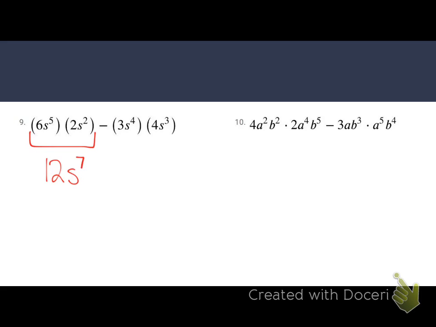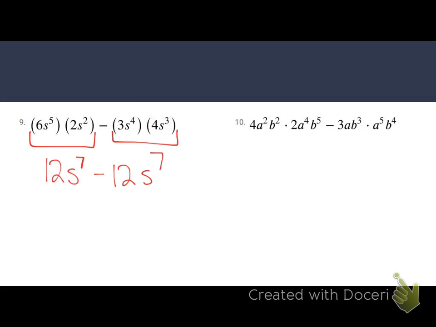S to the 7th. I heard some people saying it. Okay, 5 plus 2 would give us 7. Minus, then we have to multiply these two in the back together. What would we get? 12 s to the 7th power.